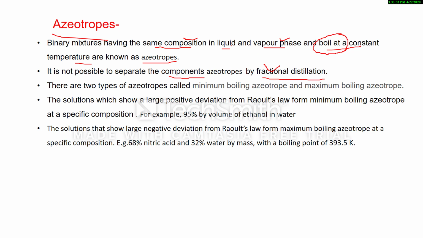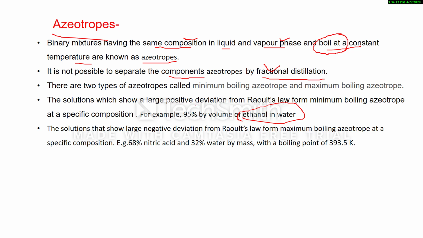Now again try to understand. When we mix two components 1 and 2, just take one example: ethanol and water, a mixture of ethanol and water. As we know, the boiling point of ethanol is lower than that of water. Is it clear?